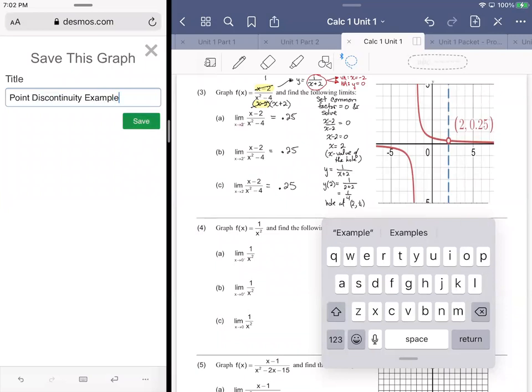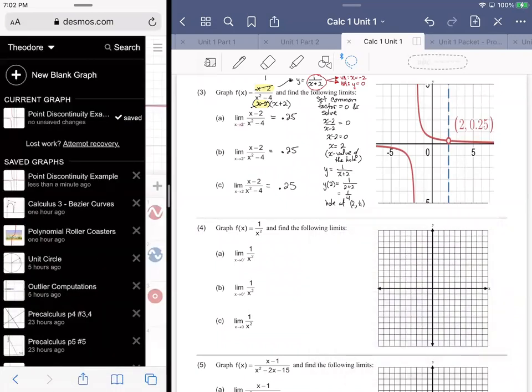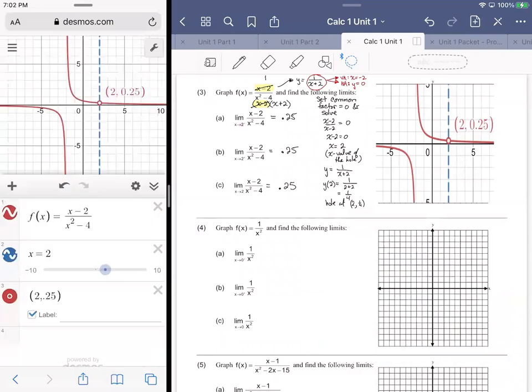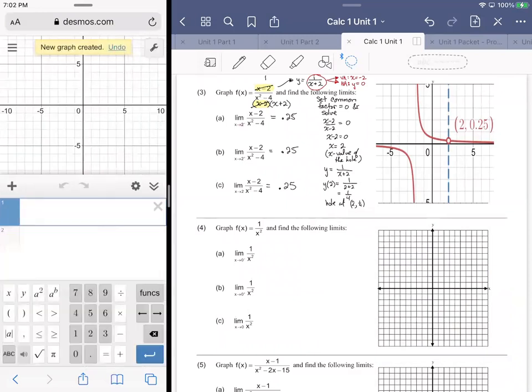And I'll post this up for you. But I'm going to create a fresh new one now. So f of x is equal to 1 over x squared.